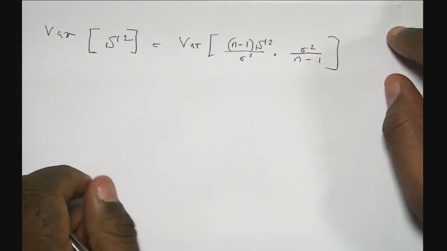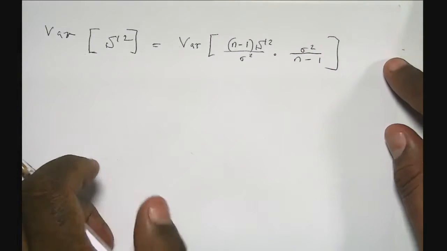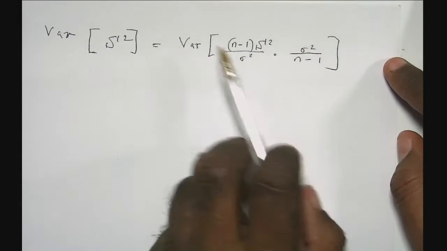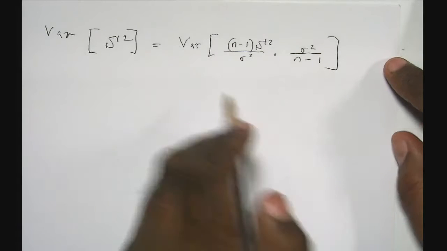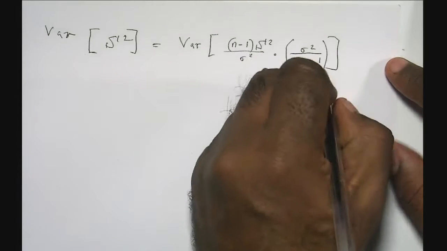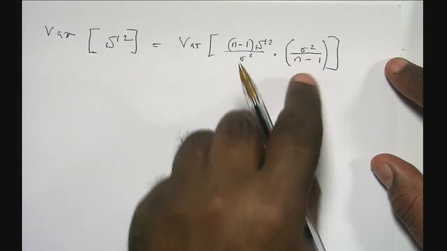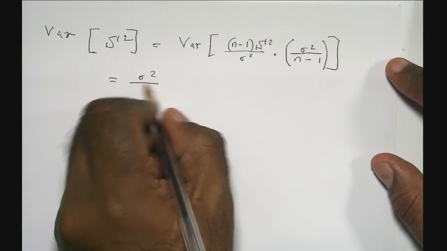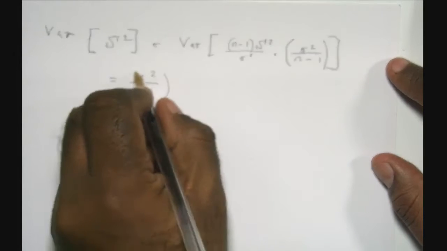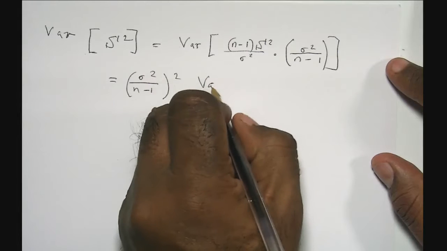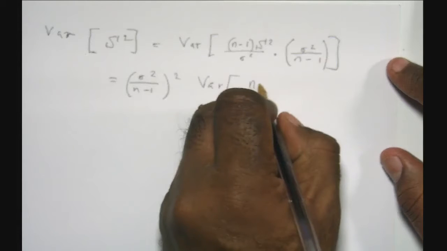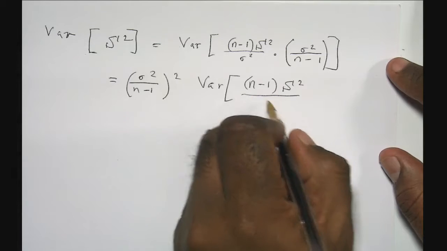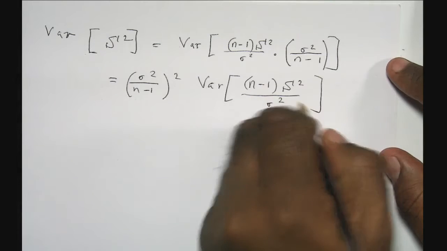like this. All right. So you see what I've done. I have multiplied by n minus 1, divided by n minus 1, divided by sigma squared, and multiplied by sigma squared. So I'm going to put this in brackets and take this outside. So it becomes, okay.